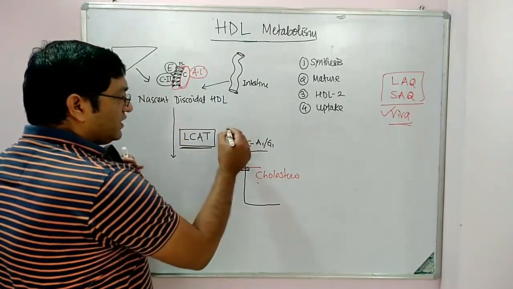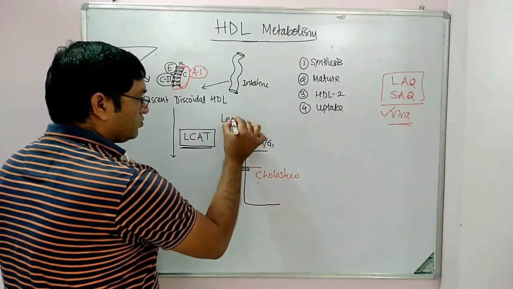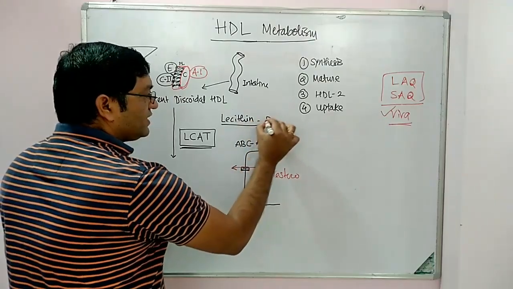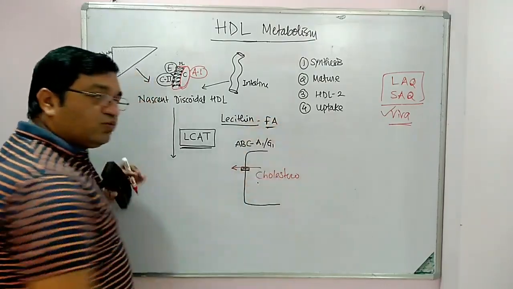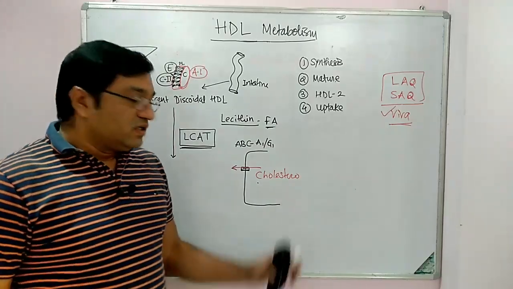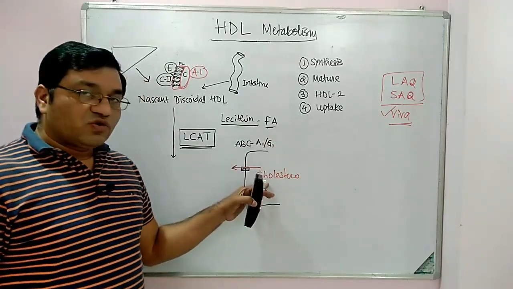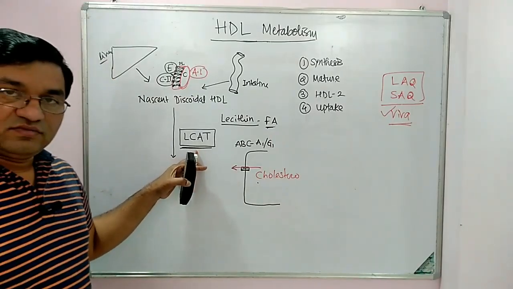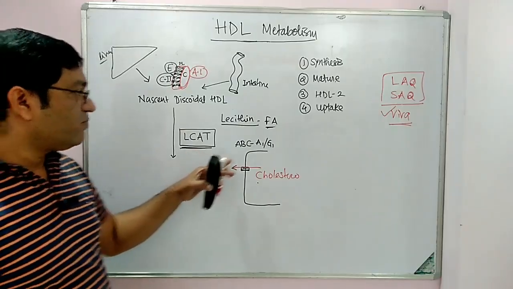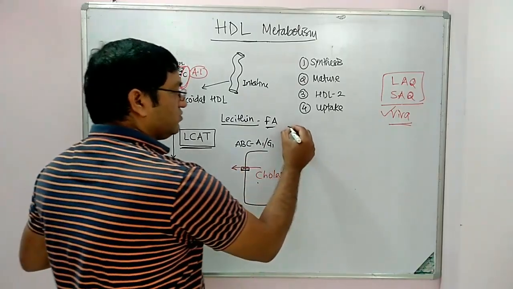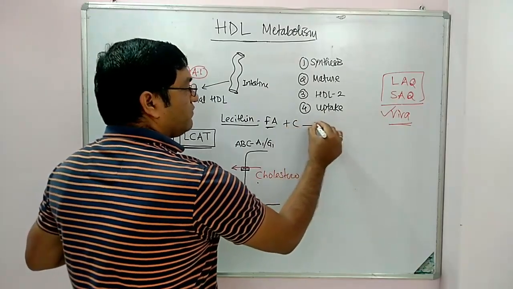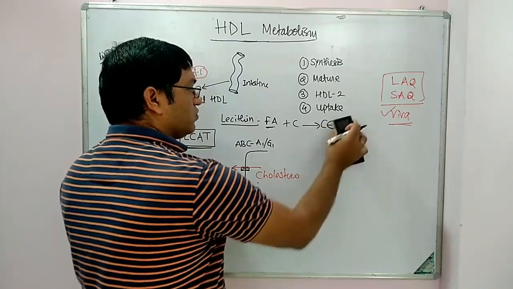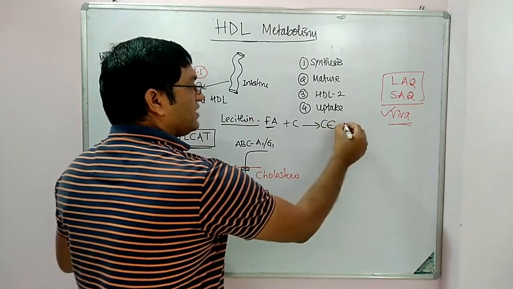The fatty acid from the phospholipid lecithin, that is from the C2 position of lecithin, is transferred to this cholesterol with the help of lecithin cholesterol acyl transferase, and results in formation of cholesterol ester and lysolecithin.